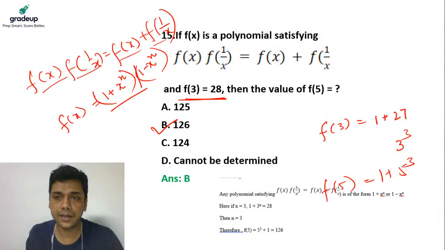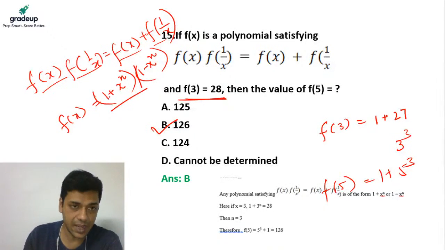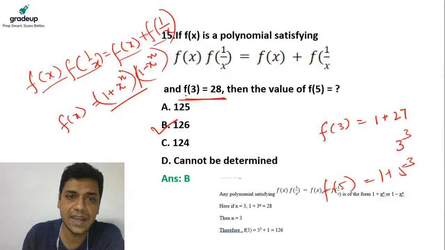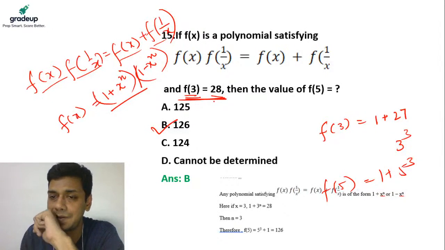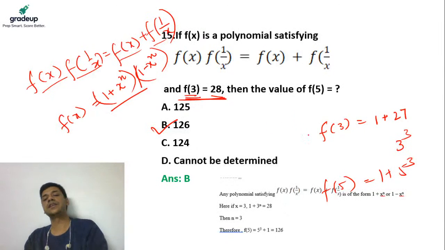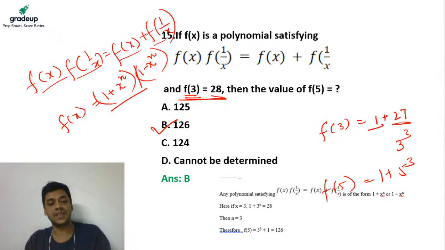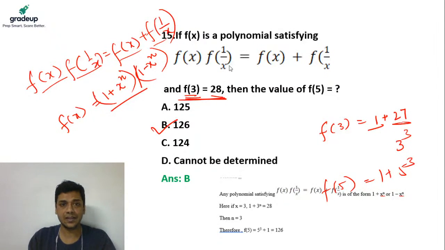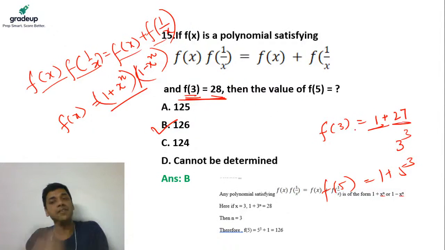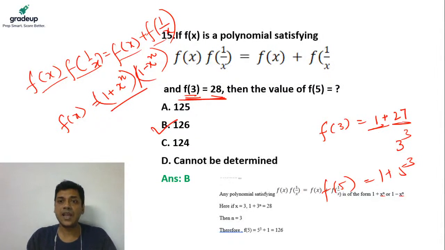So Shayan, if my f(x) is (1 plus x) raised to power n and f(3) is 28, can I say it is 1 plus 27 because it is 1 plus something? If we have to make it 1 plus something, and I know it is 28, I will write 28 as 1 plus 27 because I have to convert my number into 1 plus something.